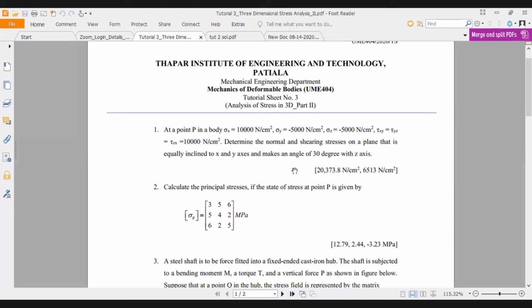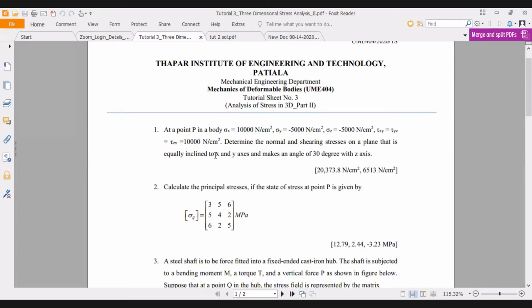In the previous tutorial we have solved such a problem, in which the plane was equally inclined to all three axes. But here the scenario is somewhat different.